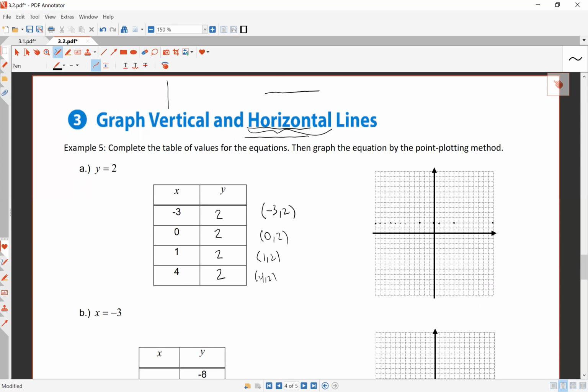And once you start filling in all the points 2 units above the x-axis, we get a horizontal line. So we now see that the graph of y equals 2 is a horizontal line.